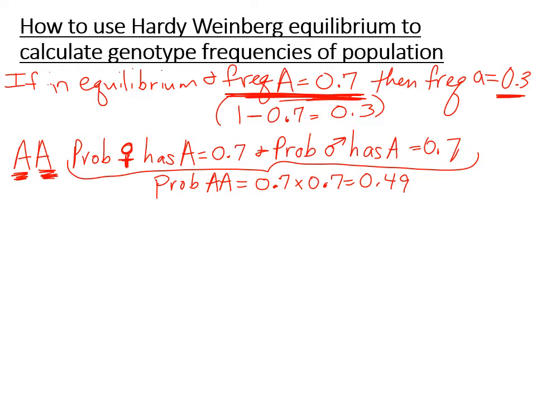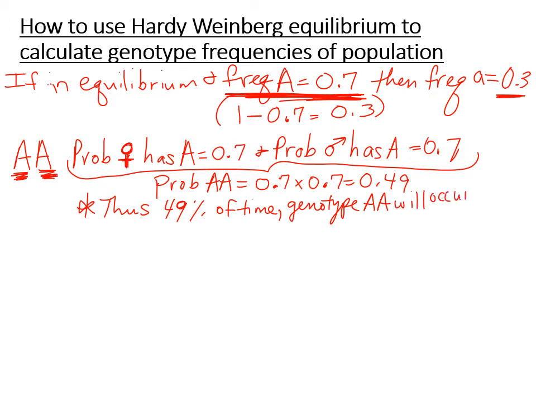So this calculation we just did basically tells you that 49% of the time genotype capital A capital A, or homozygous dominant, will occur in this population.